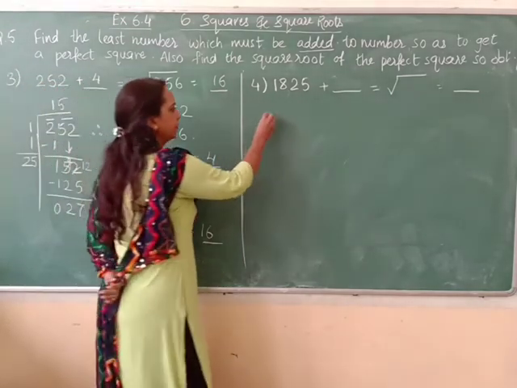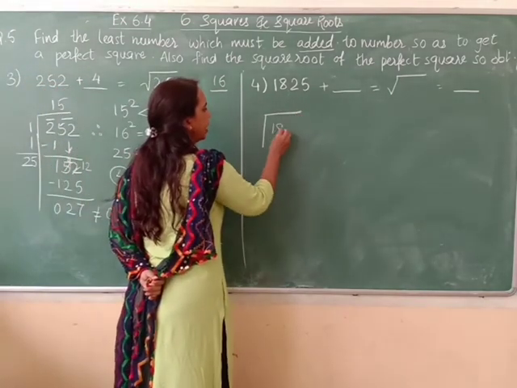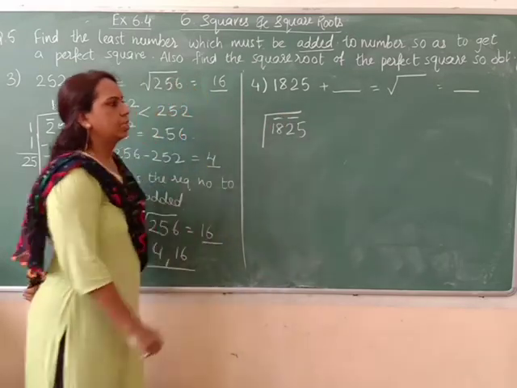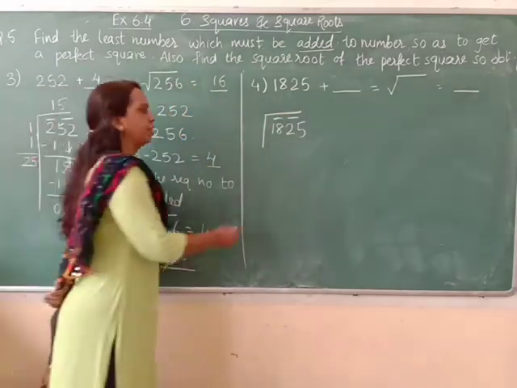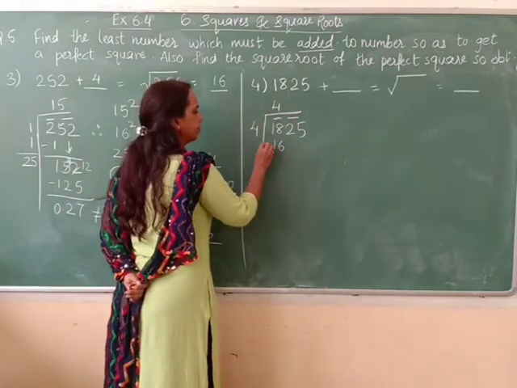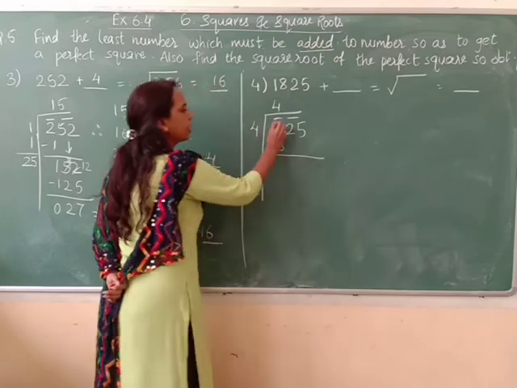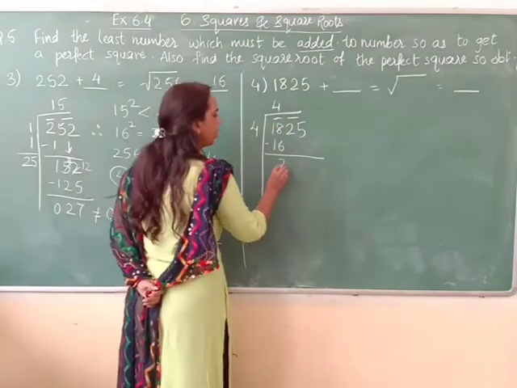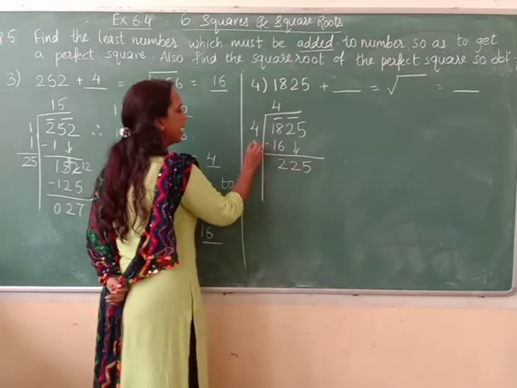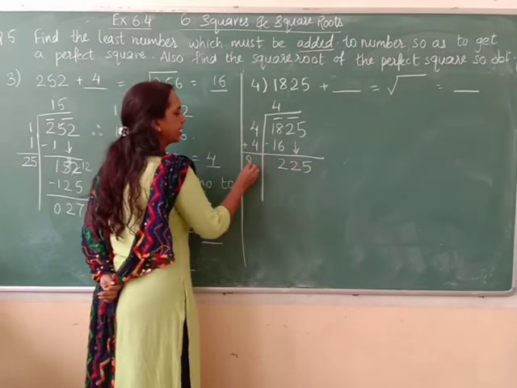Next question, 1825. Make the pairs. The square number we will go with for 18 is 4 into 4, which is 16. Subtracting 16 from 18 we get 2. Bring 25 down here. Add 4 here, we get 8.